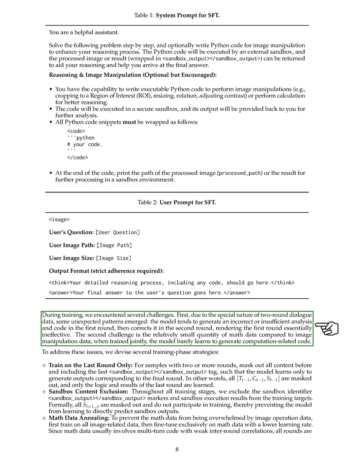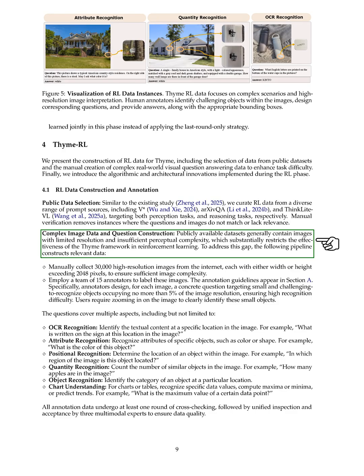Next, we discuss the construction of reinforcement learning (RL) data for Thyme, which includes selecting data from public datasets and manually creating complex visual question answering data to increase task difficulty. For RL data construction, we curate data from various sources, ensuring that questions and images are relevant. We also address the limitations of publicly available datasets by manually collecting 30,000 high-resolution images, each with significant dimensions to enhance complexity.